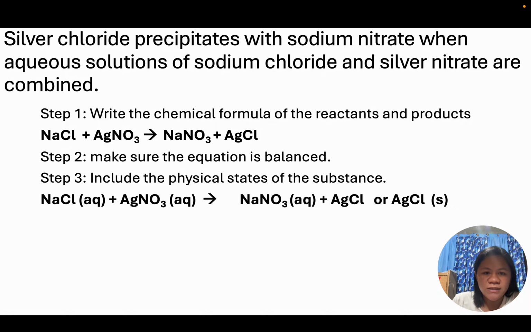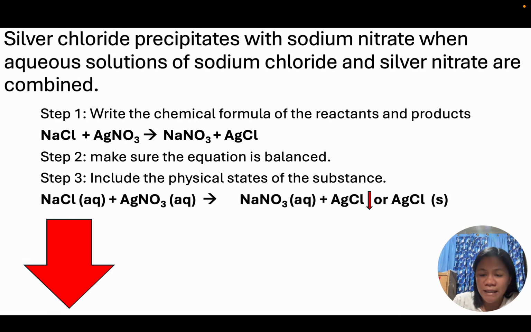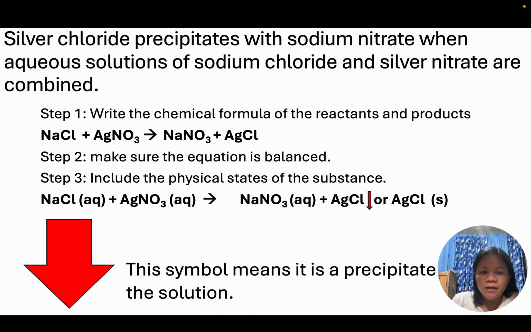So, aqueous, and of course, ang ating silver chloride is, kumbaga, meron siyang symbol na pababa na arrow or a solid. So, this symbol means it is a precipitate of the solution. Okay?